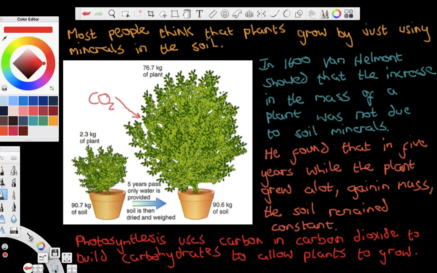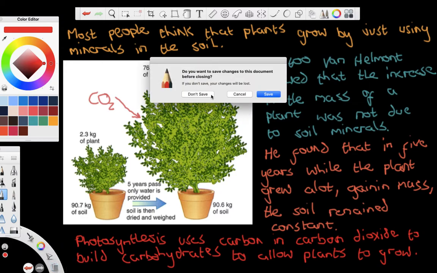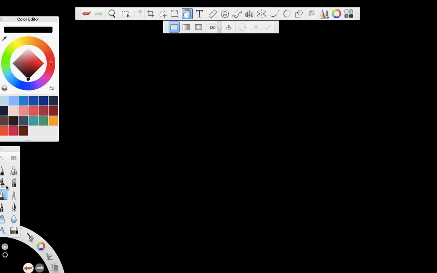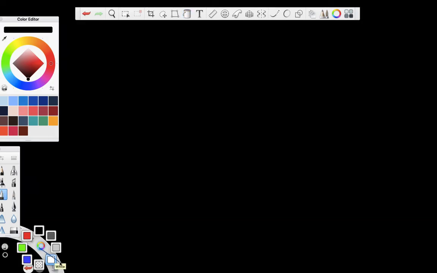So we can refresh this screen and we can have a think about our final learning objective. We could put the subheading, please. And in fact, I'm going to use a different colour.